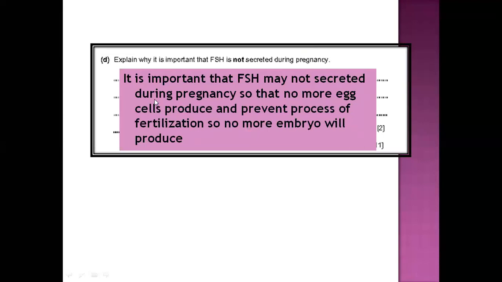So it is important that follicle stimulating hormone is not secreted during pregnancy so that no more egg cells are produced and the process of fertilization is prevented, so no more embryos will be produced. Okay?